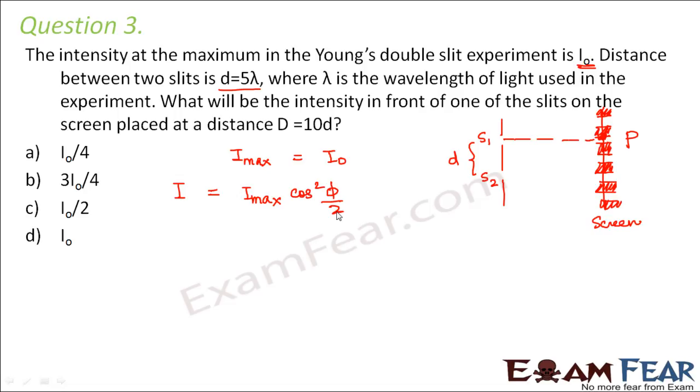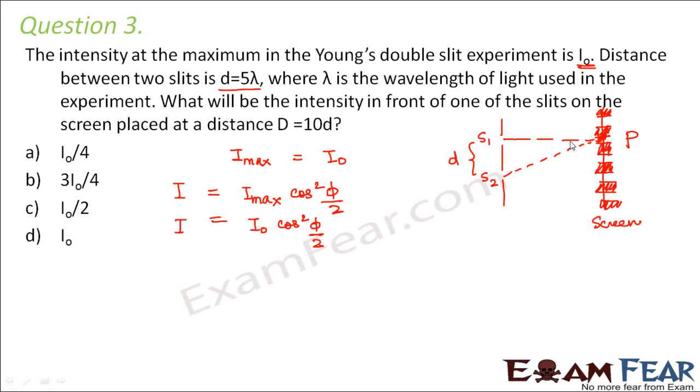In this problem, I max is given as I naught, so you can write it as I naught cos square phi by 2. That means to find out the intensity at any point, all you need to know is the phase difference phi. So for this point P, you will have to find out the corresponding phase difference.